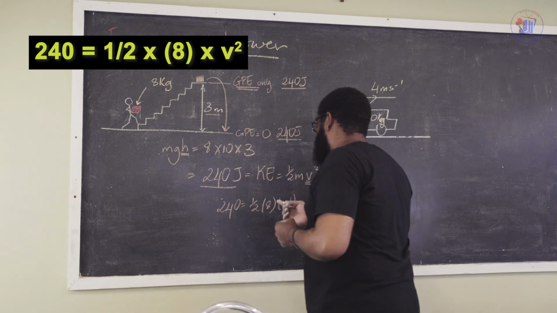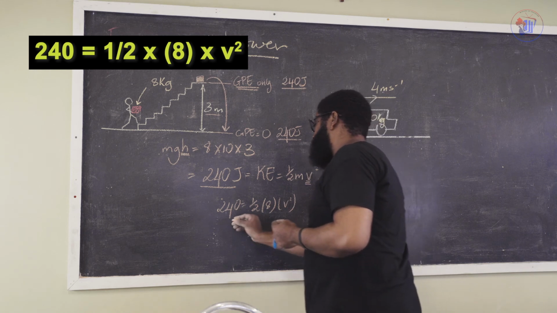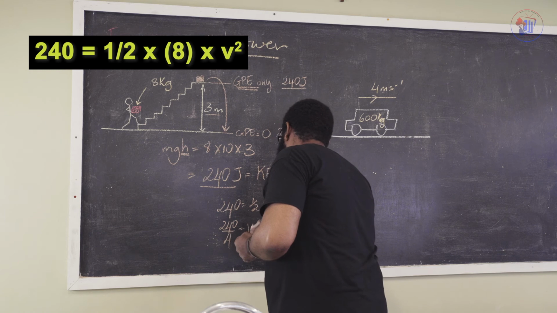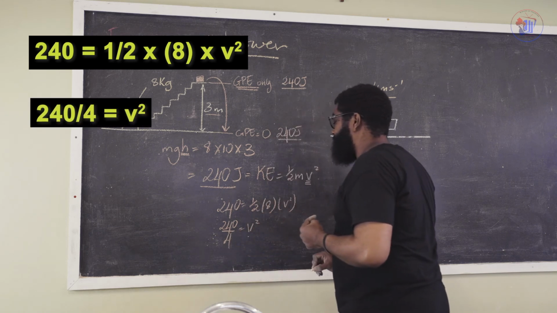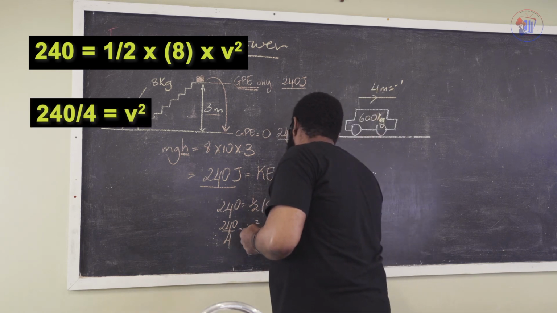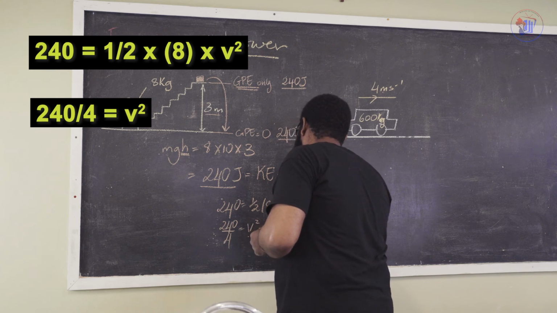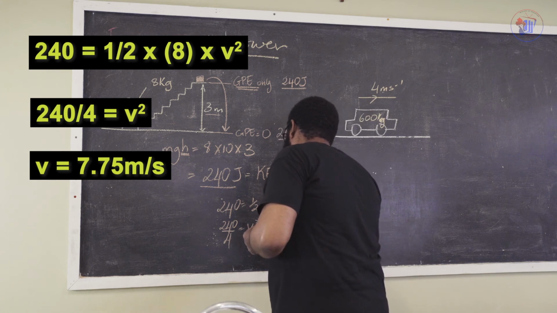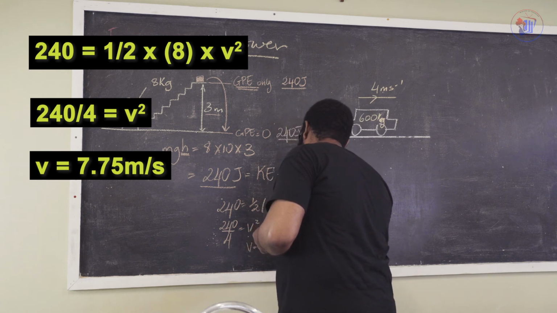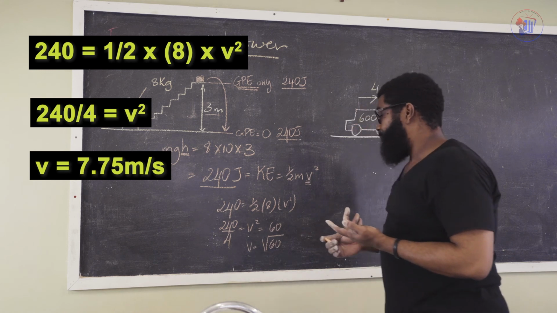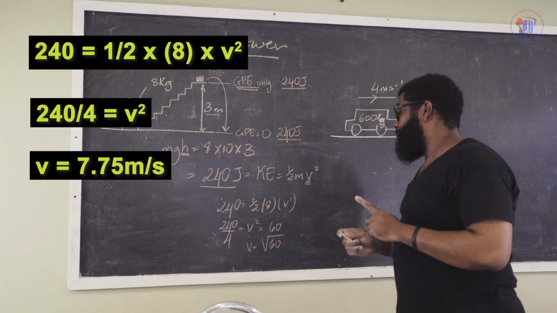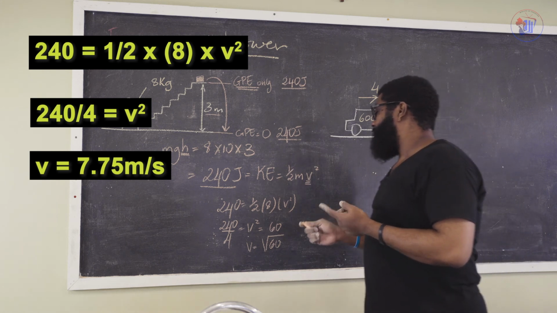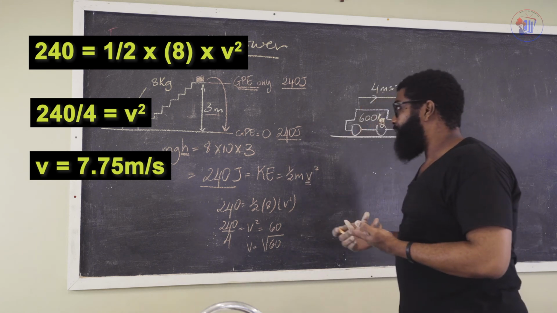Now, half of 8 is 4, and 240 over 4 is v squared. 4 sixes are 24, and 60 is our v squared. Therefore, the velocity is the root of 60. 7 sevens are 49. I do not have a calculator on me at the moment. Hopefully we will post the value on the screen, but it should be 7 point something meters per second.